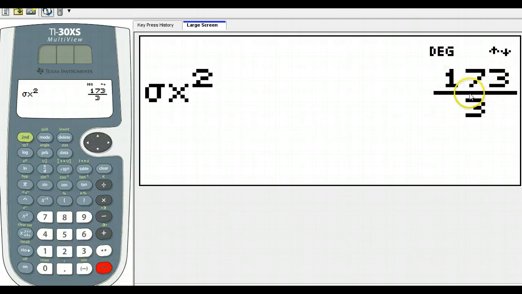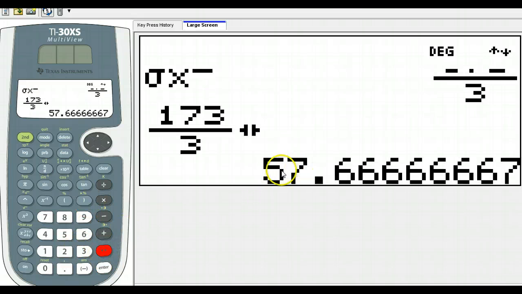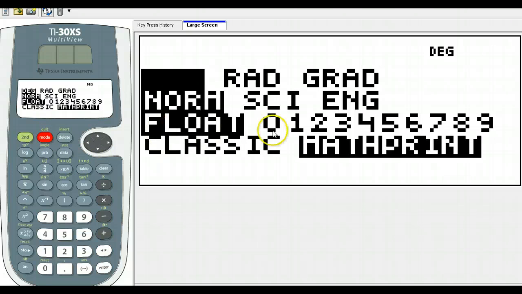And this is the exact variance. But in decimal form would be 57.6. I will round to 2 decimal places. So 57.67. If you guys ever forget how to round properly, you can always hit your mode button, change this float to 2.